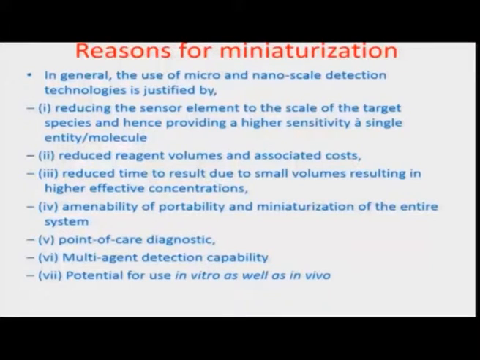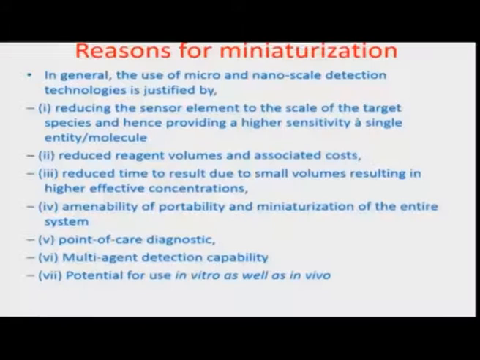Let us now also look at one of the reasons for why we must focus on making these sensors small and miniaturized. We know that the rapidity and the sensitivity, both these factors are really dependent on the level of the miniaturization that must occur.